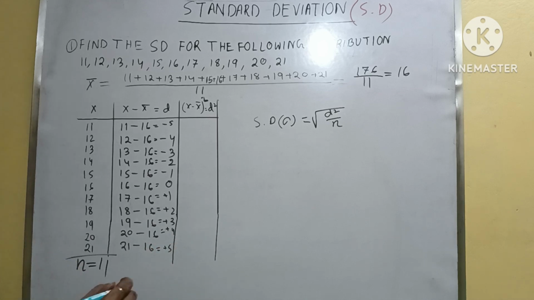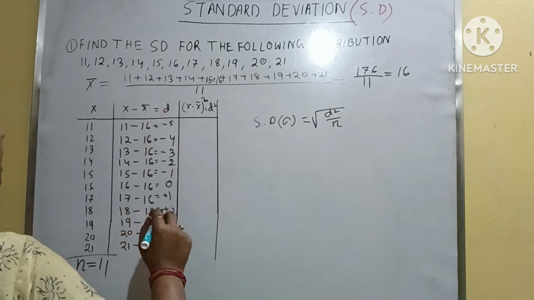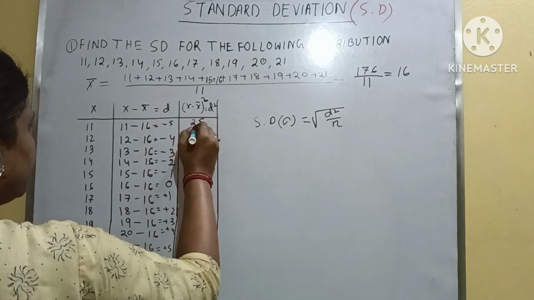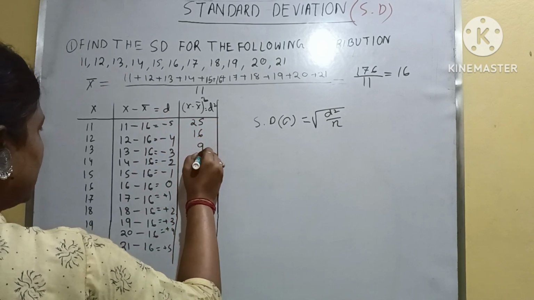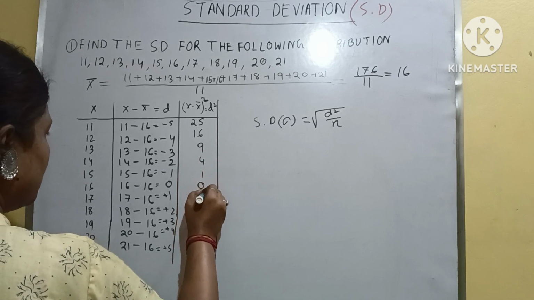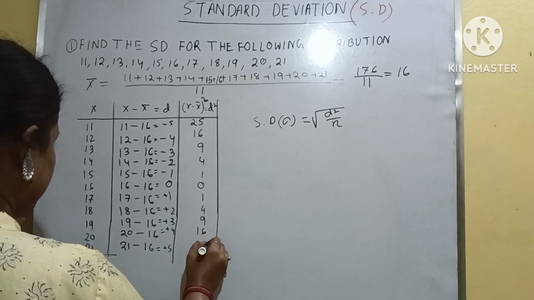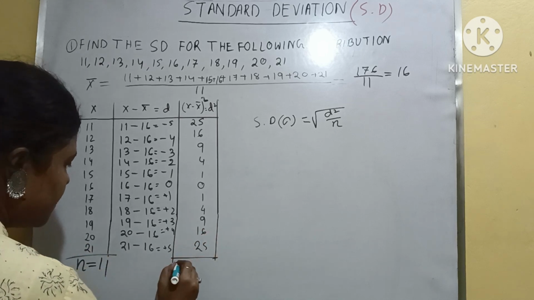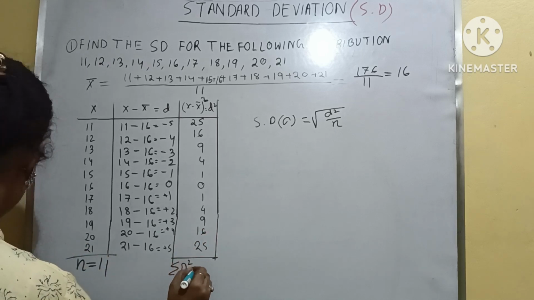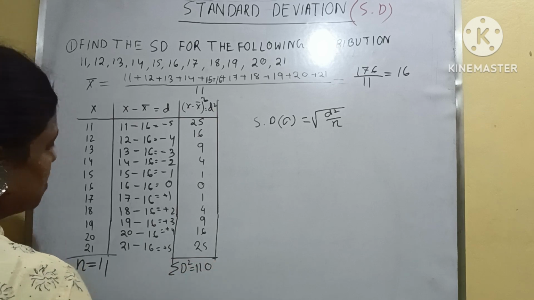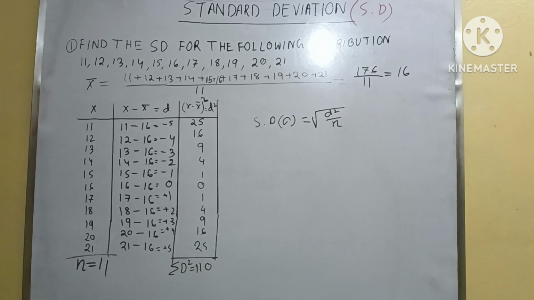Just calculate by squaring these. First one is 25, then 16, 9, 4, 1, 0, 1, then 4, 9, 16 and 25. So summation of d square equals 110.